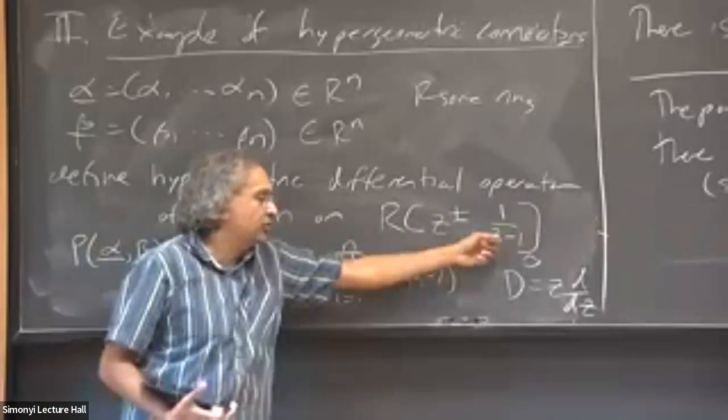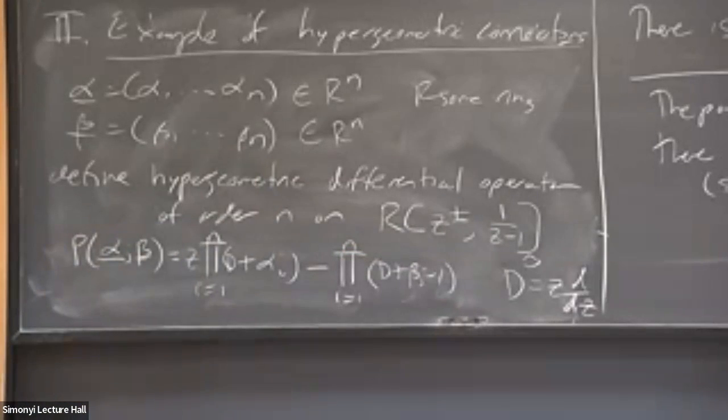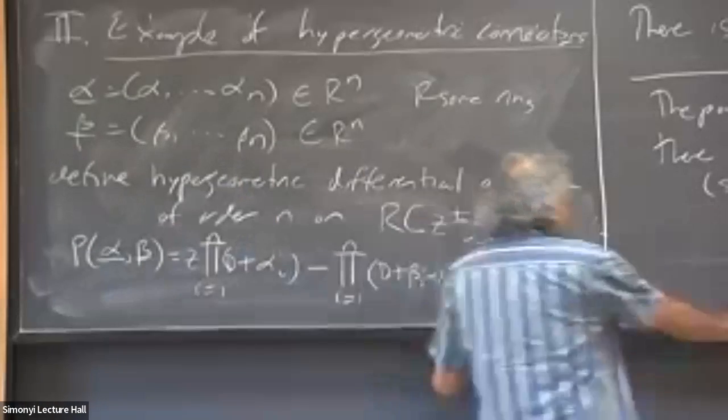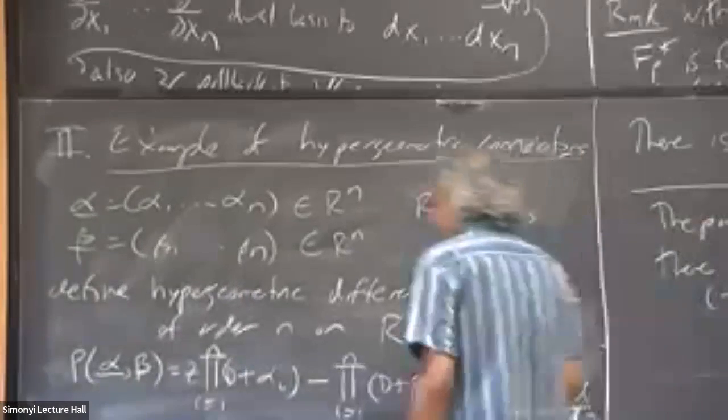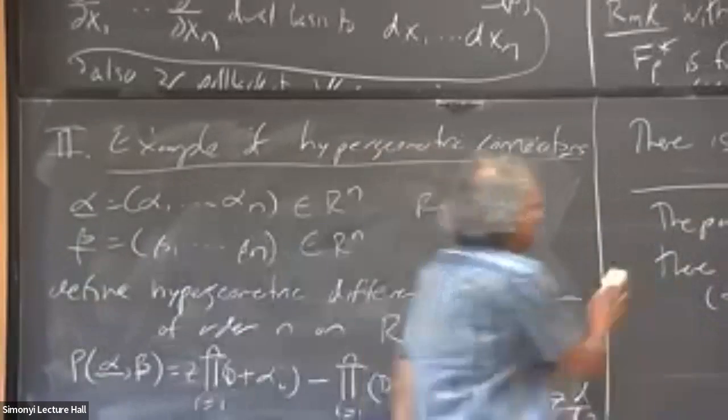So it's natural to invert z minus 1 right now. This is because when you convert this thing into a geometric object, you get a connection with poles at 0, 1, and infinity.